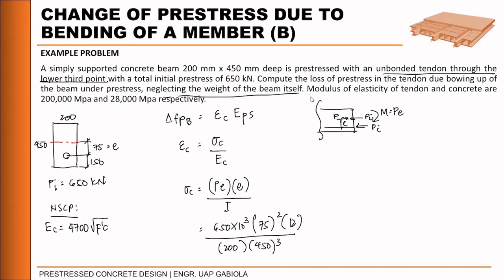So I'll just put it on top. Okay? We get the stress of concrete, which will be 650 times 375 squared times 12 all over 200 times 400 cubed. We have a stress of 3.428 MPa. Okay? It's the same as f'c. I might confuse you why it became sigma, no? It's just the same as f'c.